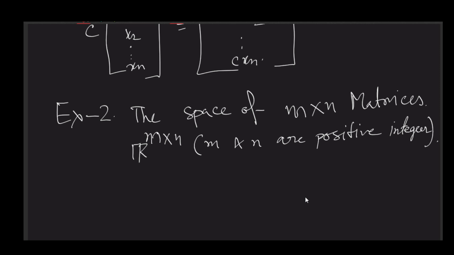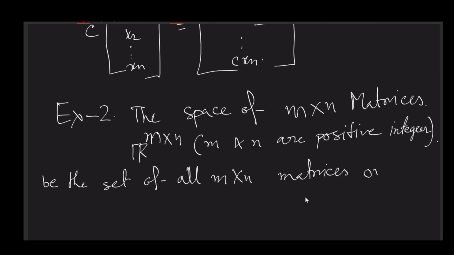So this R M cross N is the set of all M cross N matrices over your field.